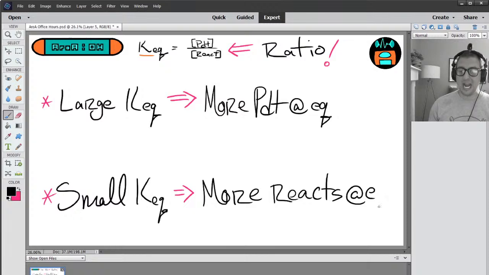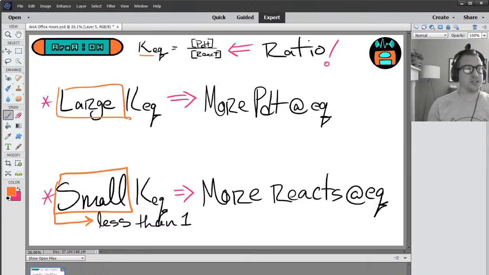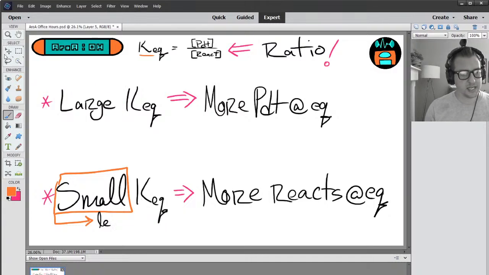at equilibrium. And I need to be specific here. When I say small, I mean less than 1. And when I say large, actually, give me 1 second.